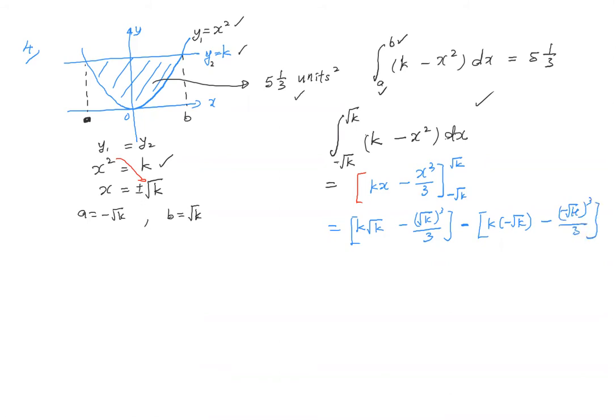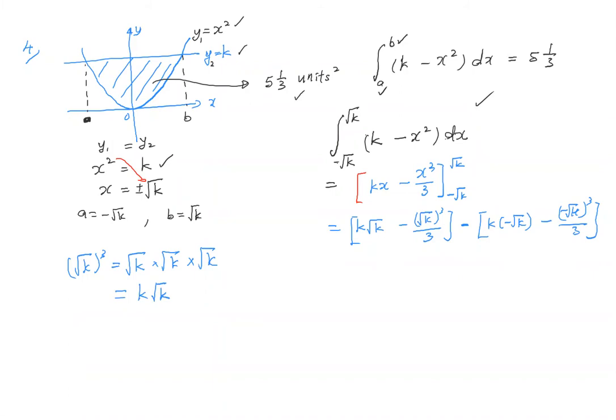Okay, by the way, square root of k cubed means square root of k times square root of k times square root of k. So this one will be k root k.